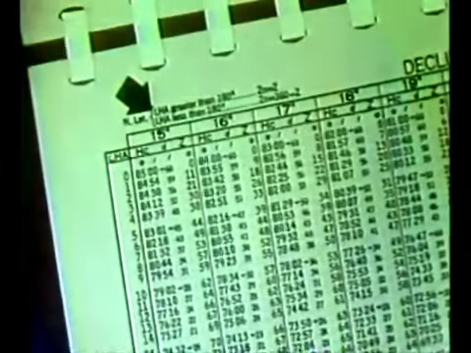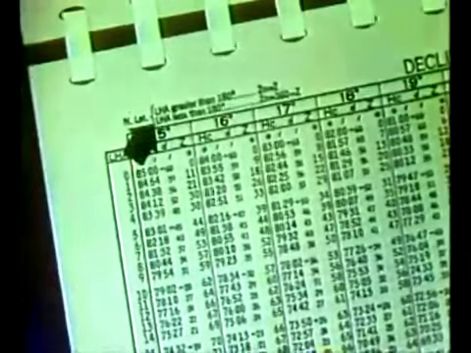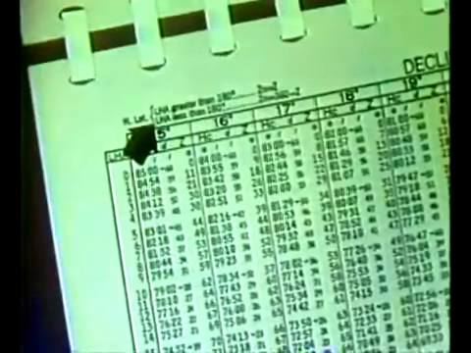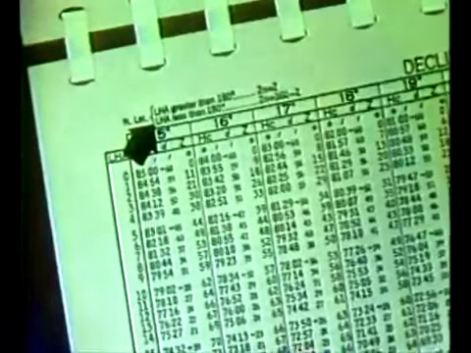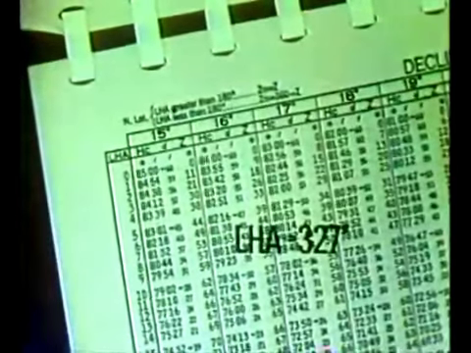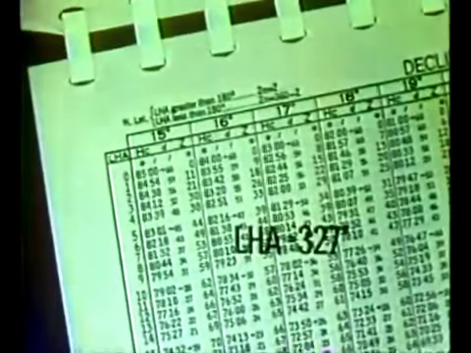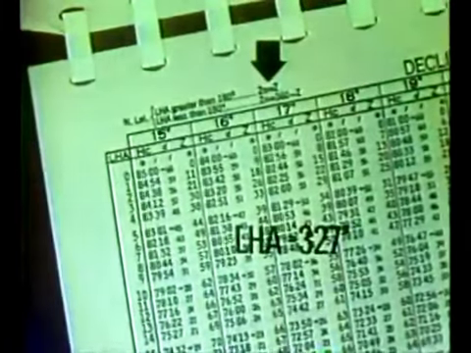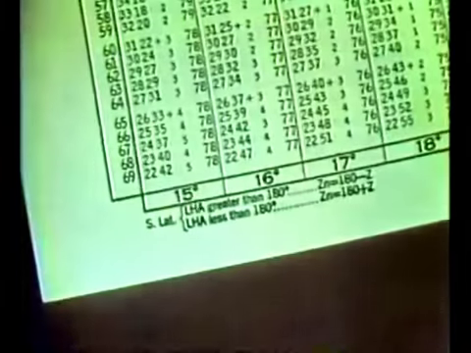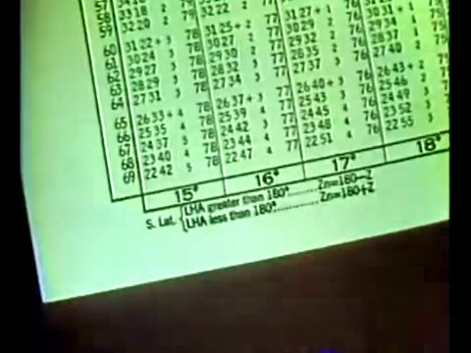If LHA is greater than 180 degrees, Zn equals Z. If LHA is less than 180 degrees, Zn equals 360 minus Z. In this case, your LHA was 327 degrees, more than 180 degrees. So Zn equals Z, 142 degrees. The lower left-hand corner of the page lists instructions for south latitude positions.